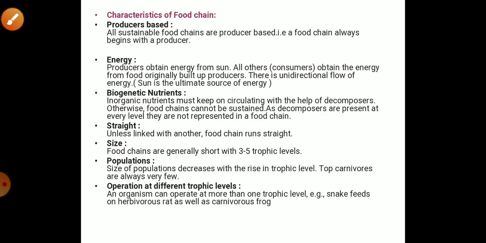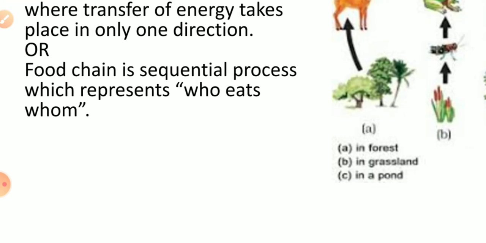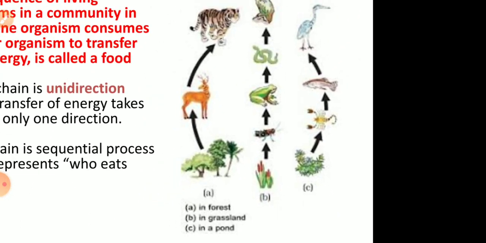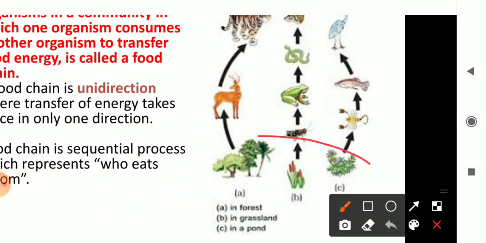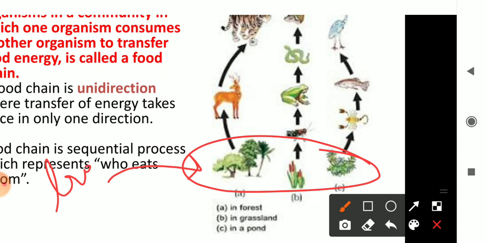So let's see what the important features of a food chain are. If you see the diagram, you find that a food chain always starts with a producer. The first level of the food chain is always occupied by a producer, which is a plant. The reason is that it is the producer which traps the light energy provided by the sun and converts it into chemical energy.